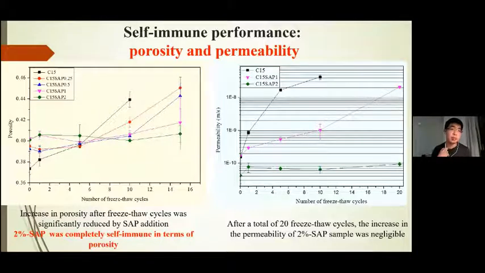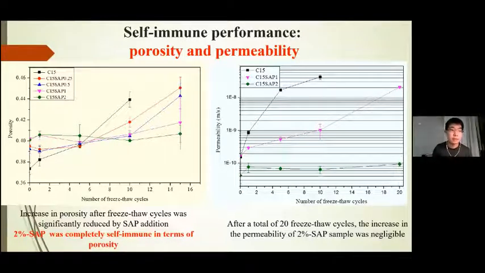And then we examine the porosity and the permeability of these SAP-containing samples. From the porosity, we can see the increase in porosity after freeze-thaw cycles was significantly reduced by SAP addition. You can see the black line in the left figure is the control sample. After 10 cycles of freeze-thaw, the porosity increased significantly. The green line is when 2% of SAP is added into the system, and the porosity basically remained stable.